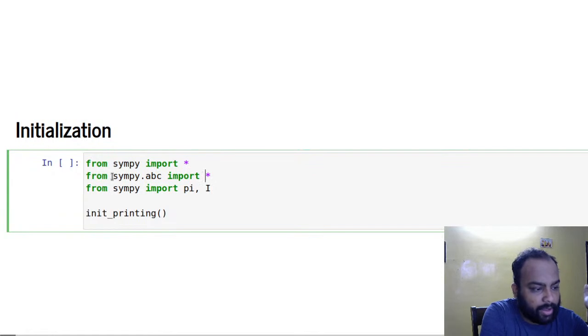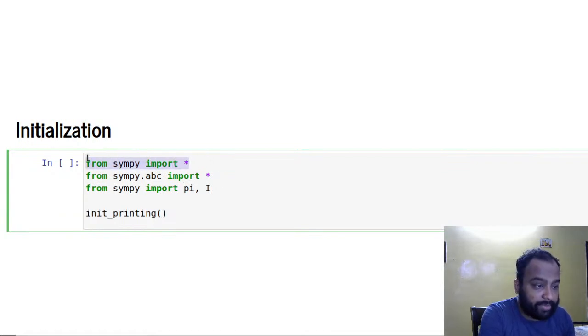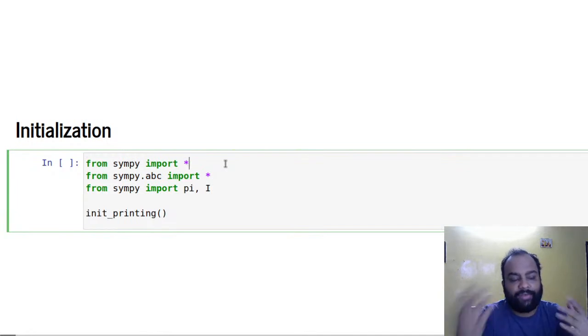Okay, so these are the standard imports you have to remember whenever you are doing computation with SymPy. The next import that I am doing is sympy.abc and import star. This import essentially brings all the symbolic functions and everything into my namespace. All right. So now if I write sine, it will no longer be a numeric function, but instead a symbolic function.